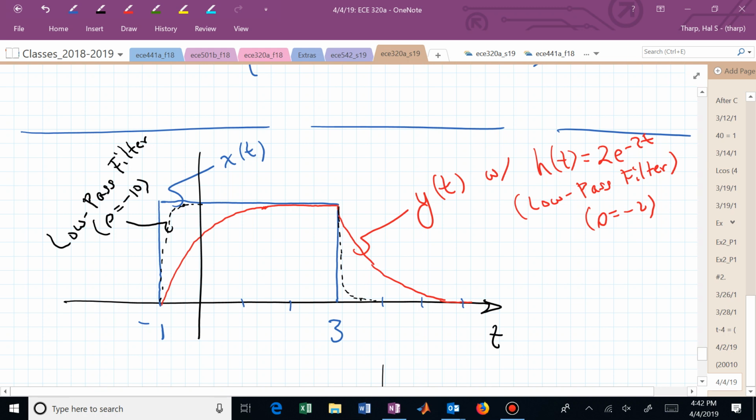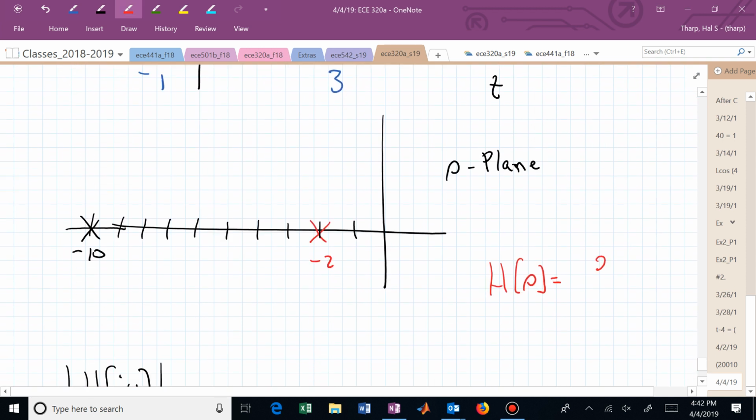If you Laplace transform 2e to the minus 2t, 2 over s plus 2, isn't it? So now we know that this guy is 2 over s plus 2.